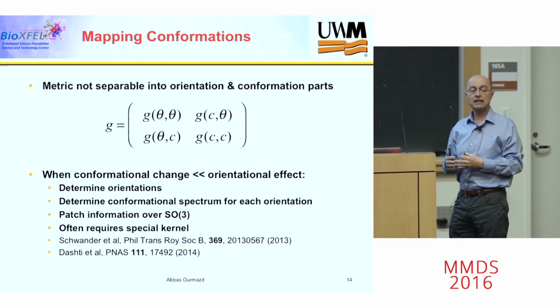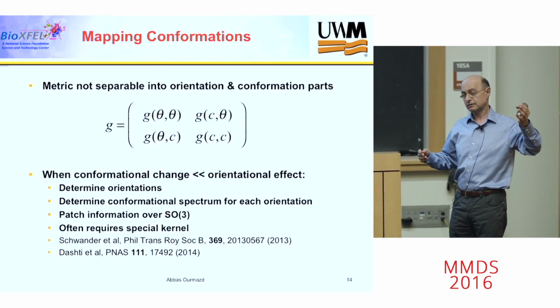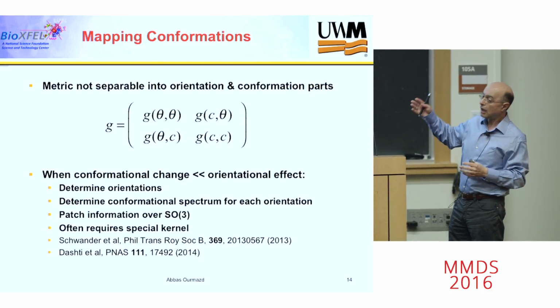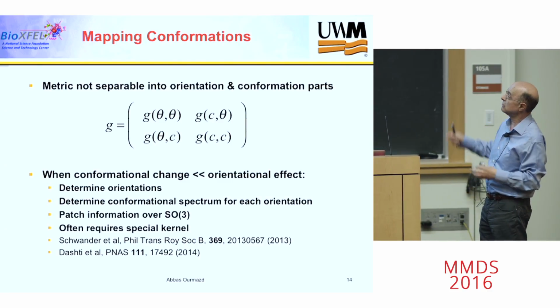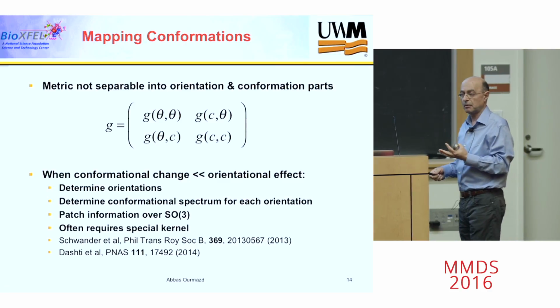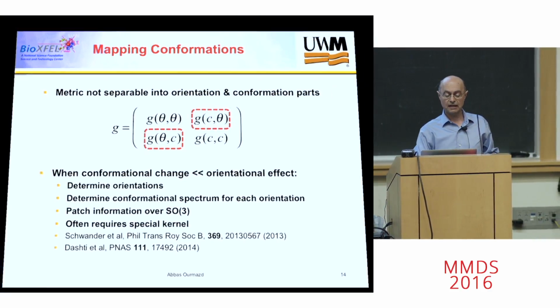Actually, it turns out that in the extreme cases where the changes due to orientation, factor 1, are much larger or much smaller than changes due to factor 2, in this case conformation, you can solve the problem in an iterative way, which I'll be happy to describe to you in private.